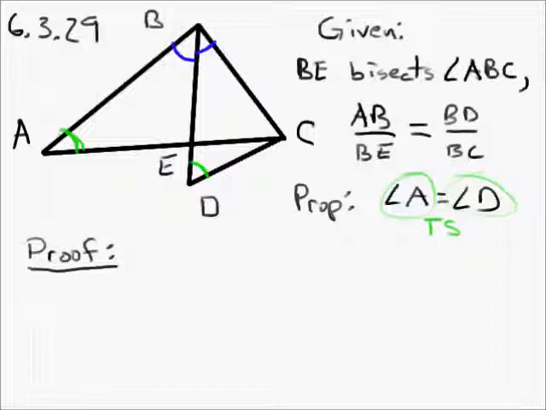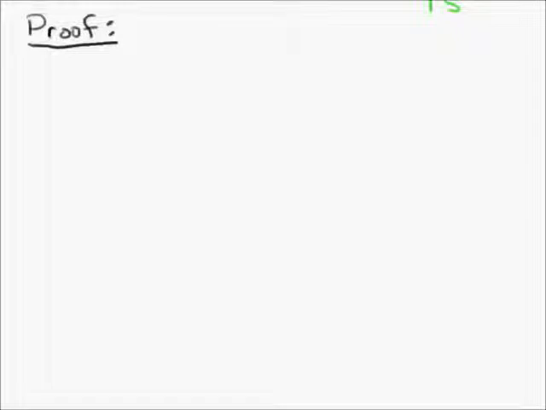All right, where are we going to start? Well, a good place to start would be to get some congruency going. So we were given that the ratio between AB and BE is equal to the ratio between BD and BC.